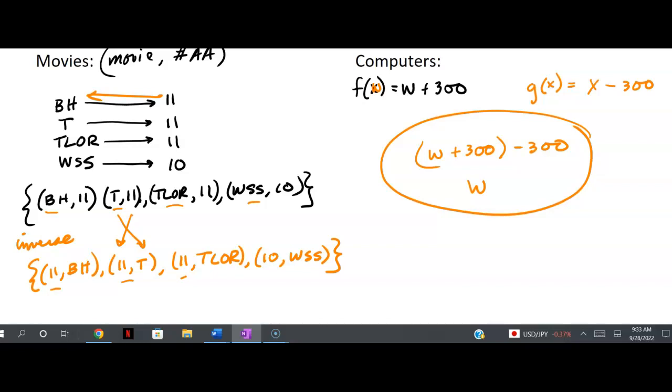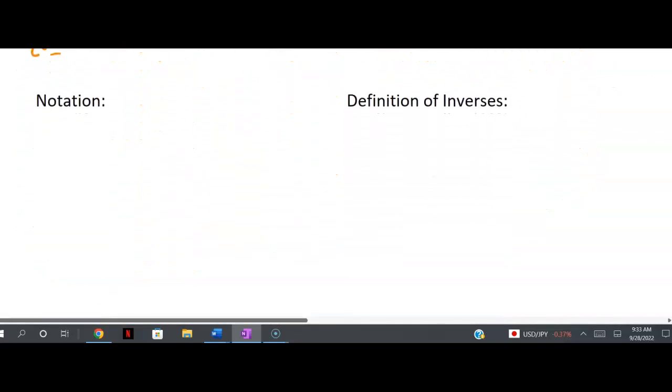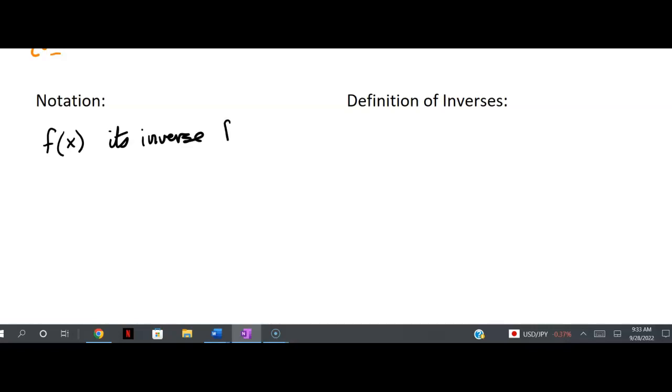All right. So those are just some very vague examples of what we're talking about with inverses. And it gets us started with what we're going to be doing here. We do have notation. So if we have a function f of x, its inverse looks like this. f inverse of x.